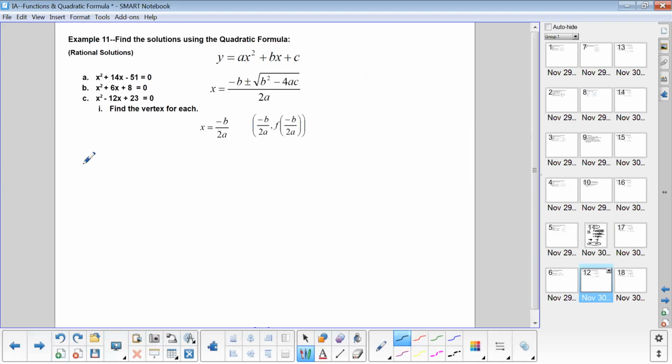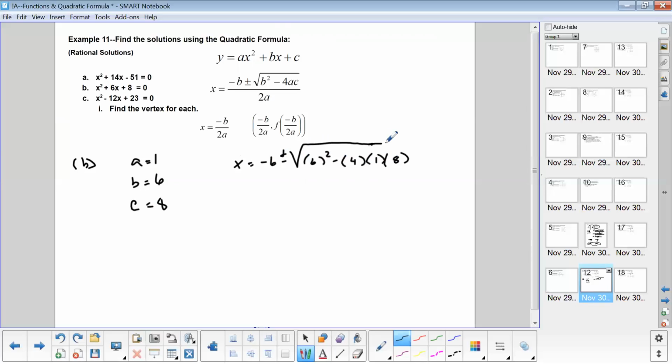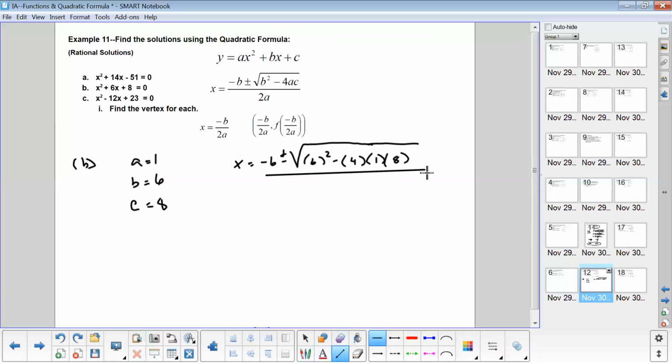Let's look at part B. a is 1, b is 6, c is 8. So we're going to substitute x equal negative 6 plus or minus the square root of b squared minus 4 times a times c, and all that is divided by 2.